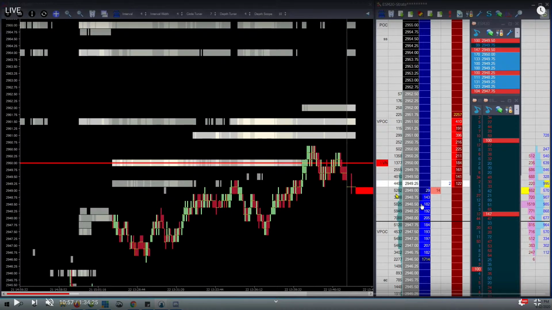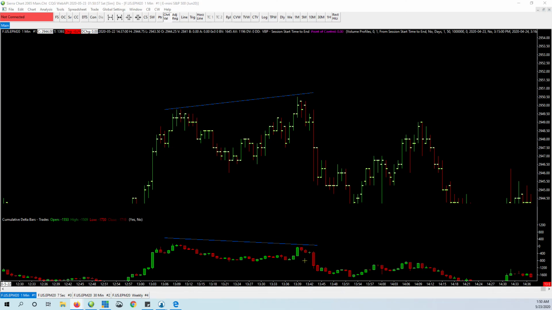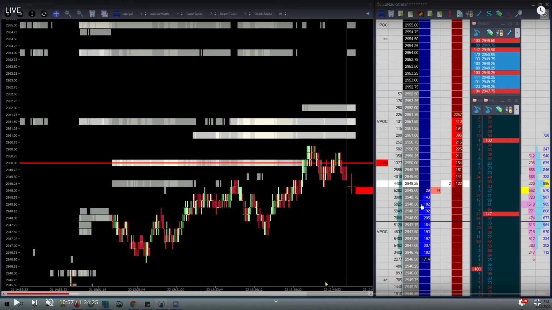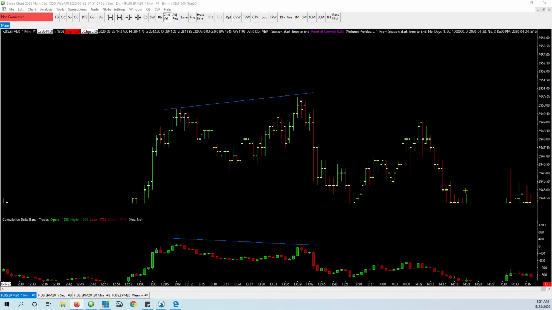So that tells me that this is done with up here. Plus the defense is so stout. I don't need to look at this to know that this move is done. So that's an example of just knowing your order flow and how to read it to know that this is done with, okay? This right here is some lazy stuff, trying to use a delta.